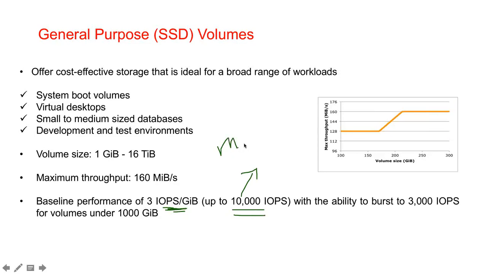This is the maximum that you can go up to, with the ability to burst up to 3,000 IOPS for volumes under 1,000 gigabytes. So 3 IOPS per gigabyte is just the baseline performance, and 10,000 IOPS is the maximum that you can get from the general purpose SSD.